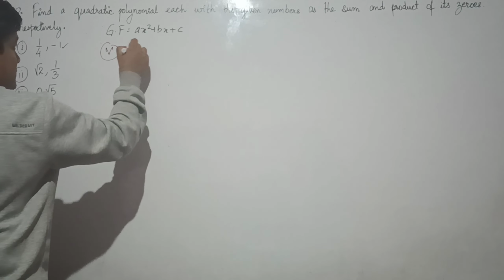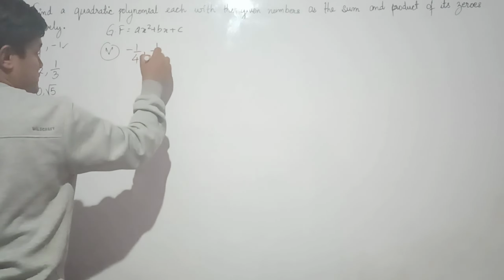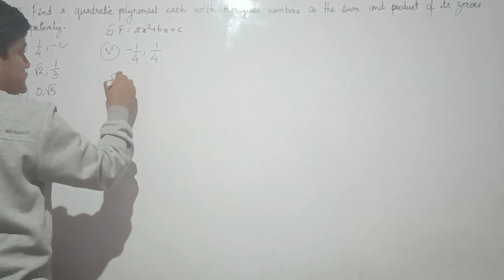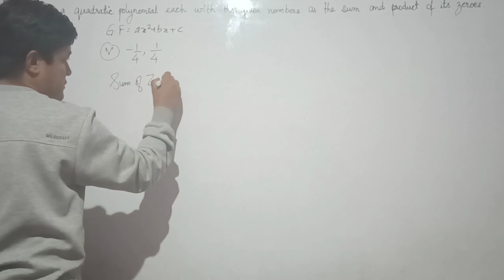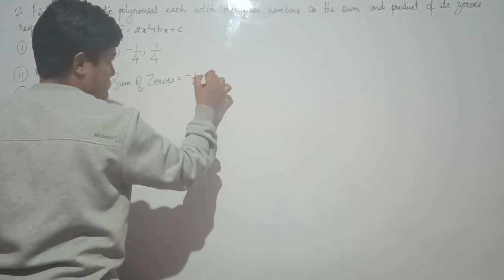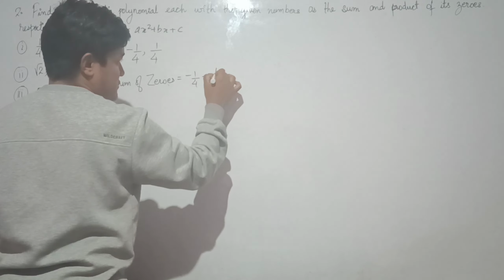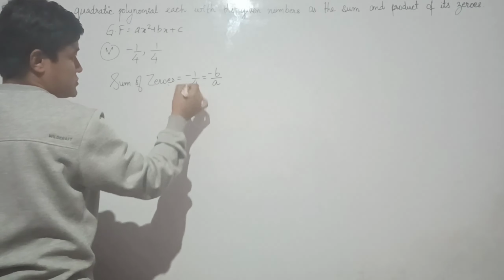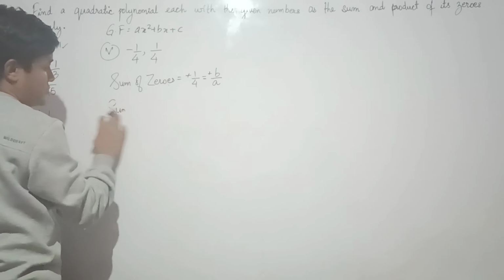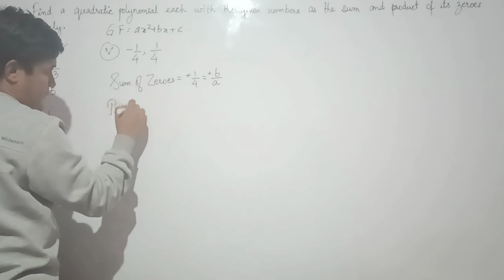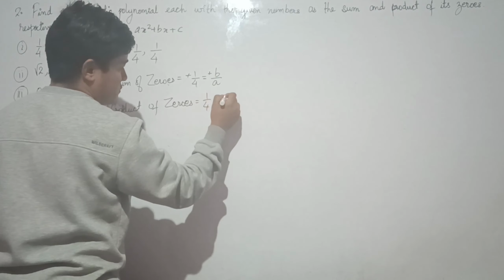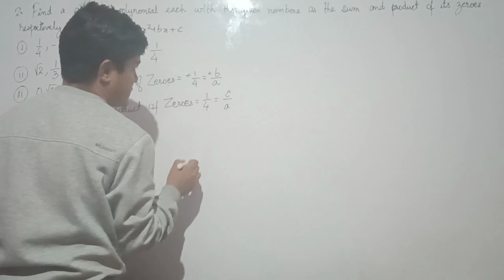Question number 5 is minus 1 by 4 comma 1 by 4. Since the general formula for a quadratic equation I have written. The sum of zeros equals to minus 1 by 4, which is minus coefficient of x by coefficient of x square. So you can cancel this minus also. We are just finding the value, and product of zeros equals to 1 by 4 equals to constant term by coefficient of x square.